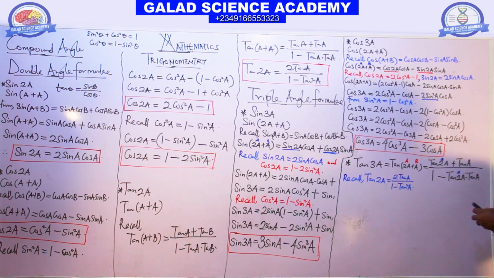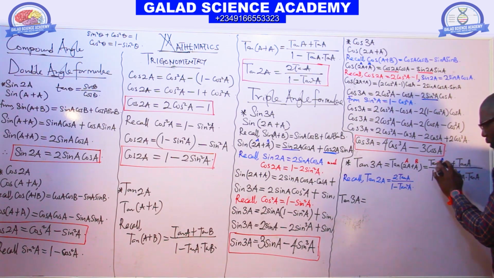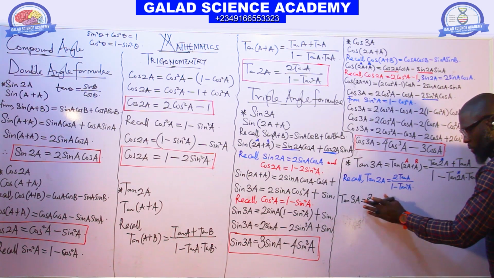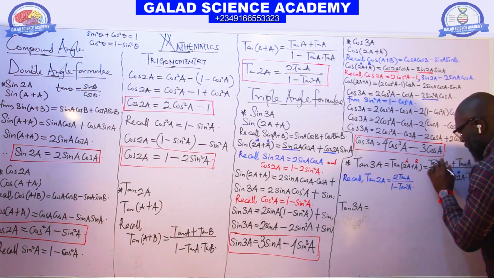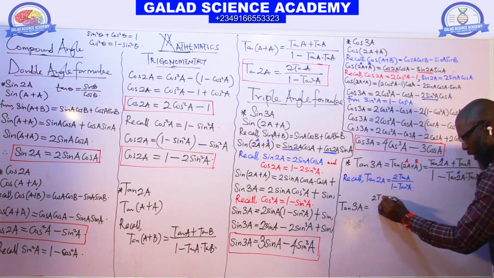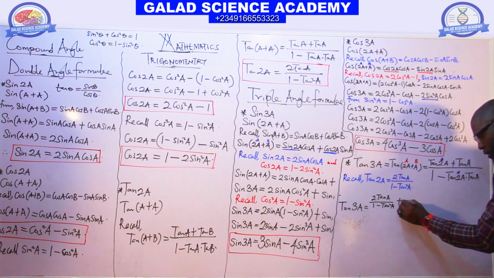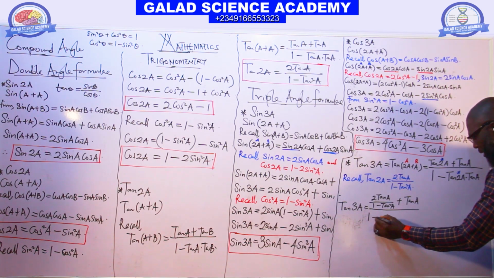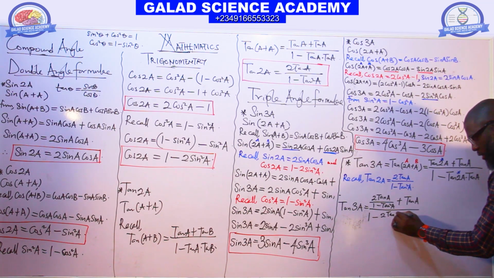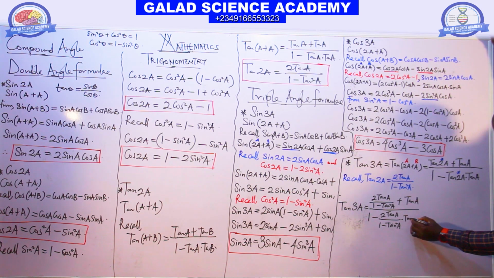By doing that, tan 3A should be, what is 2A? 2A is this: 2 tan A over 1 minus tan square A plus tan of A, over 1 minus 2 tan A over 1 minus tan square A, these two, then dot tan A.